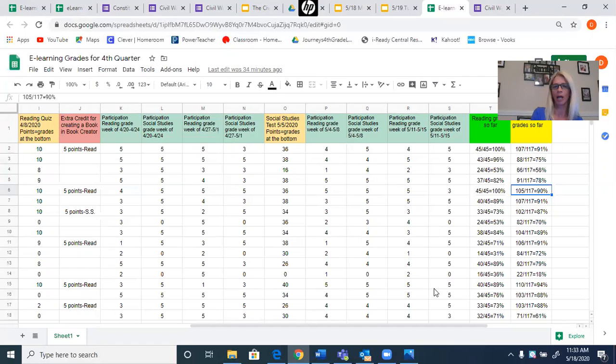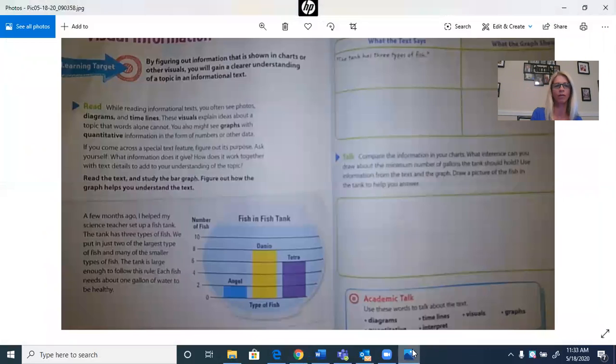So we're going to go ahead and be on page 354, and it's going to look like this. And this week, we're going to finish up with interpreting visual information, which is lesson 22. And we're going to be studying informational texts that have either a diagram or a timeline or maybe a graph.